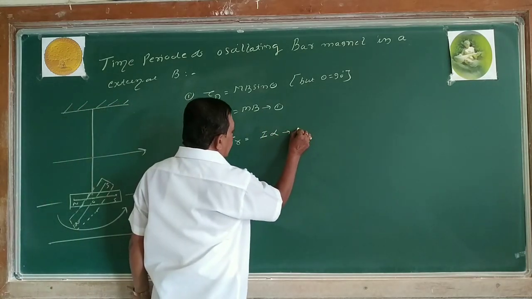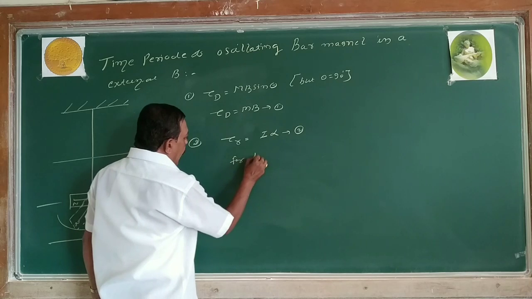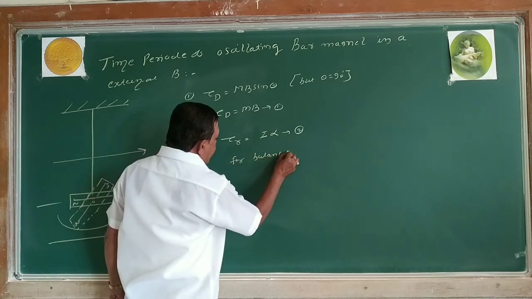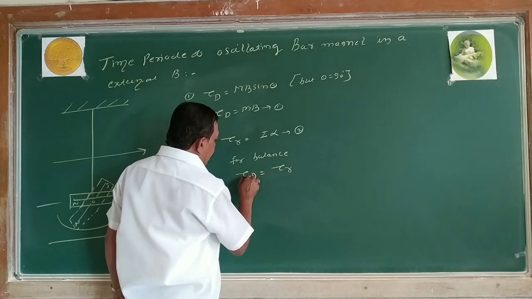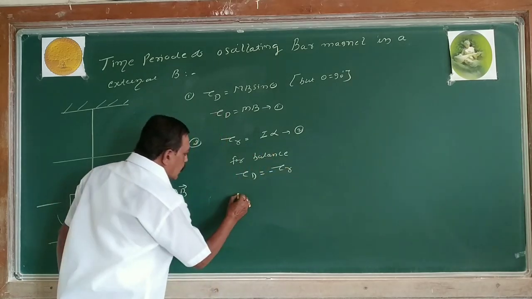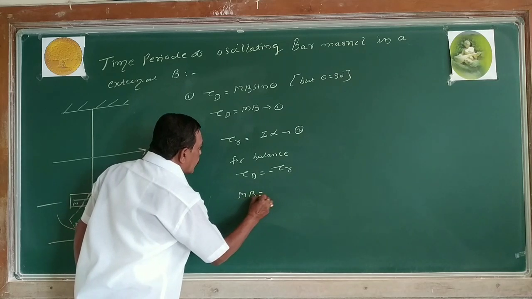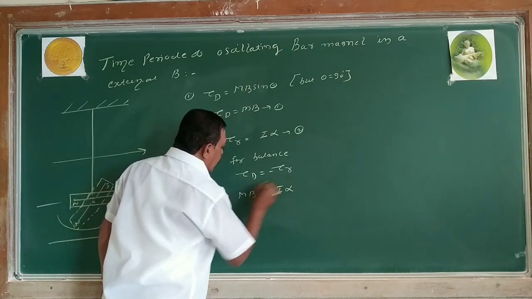Now this is the second. For balance, the deflecting torque equals the restoring torque, equal in magnitude but opposite in direction. So mB equals minus I into alpha.